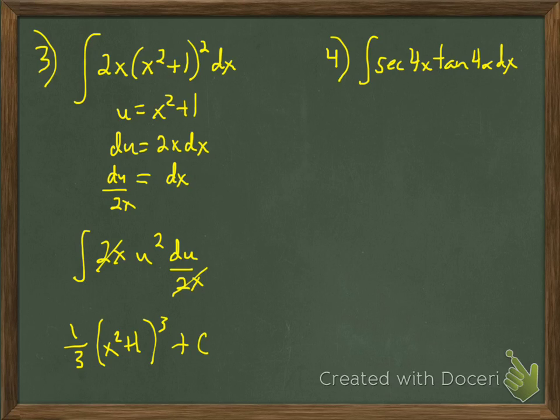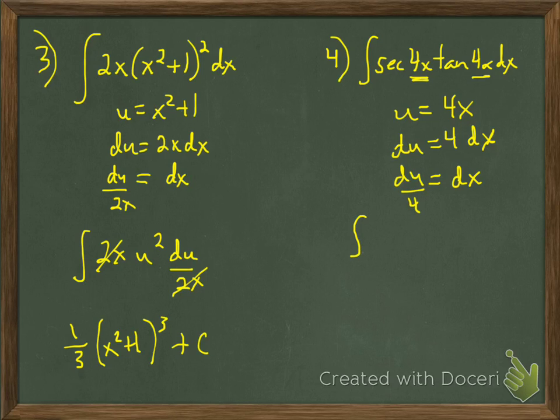Now, a lot of people had trouble with number 4. Again, looking inside, is the angle something that has a derivative other than 1? And it does. So dx is du over 4. Substitute. Always follow your steps.